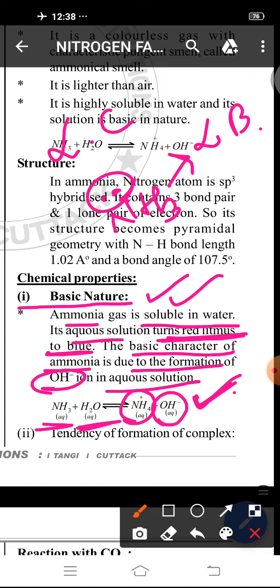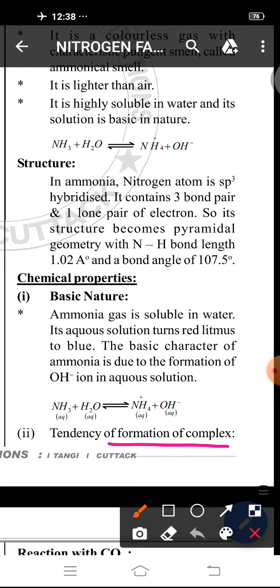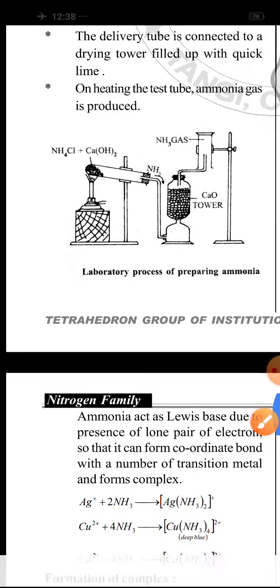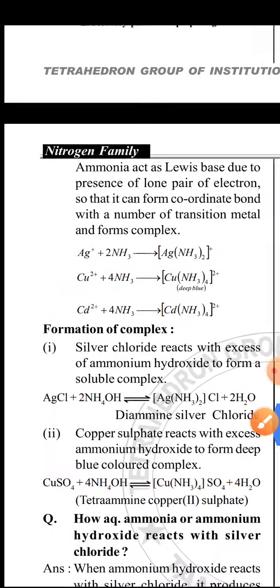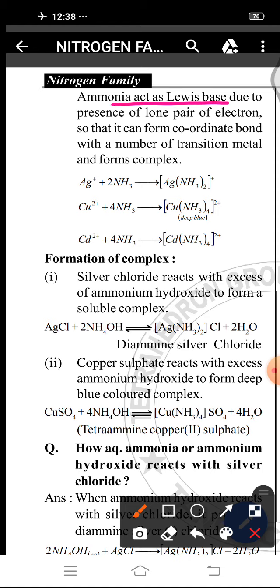Then the second property: it has a tendency to form complex. Why does ammonia have a tendency to form complex? Because ammonia acts as a Lewis base.